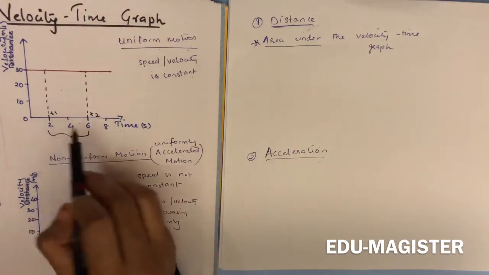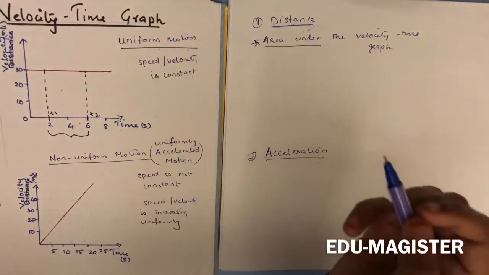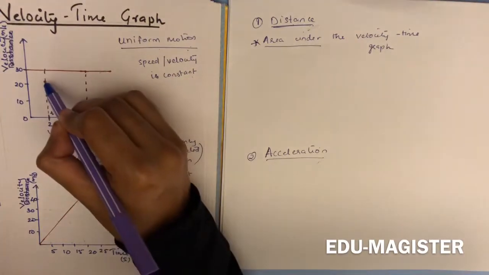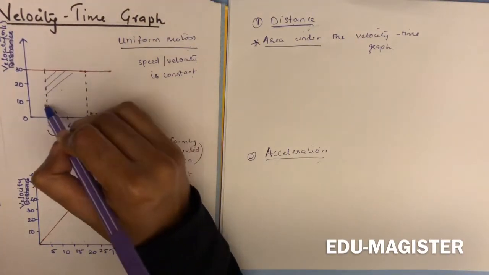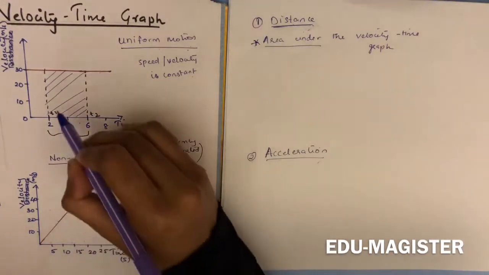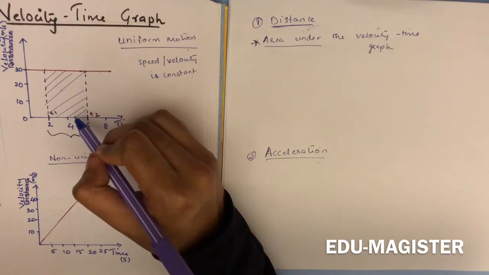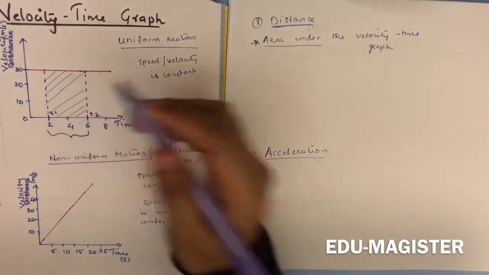We are considering this time interval between T1 and T2. Now this area, the shaded portion, that is the area under this curve, will give the distance covered.